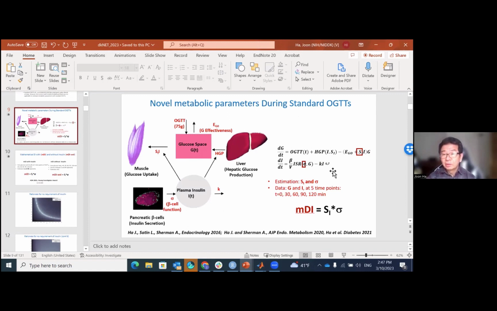So the amount of secreted insulin cannot dissociate beta cell mass and function. But our original model, since 2016 and the chronology 2020, has more detail in beta cell mass and beta cell function.